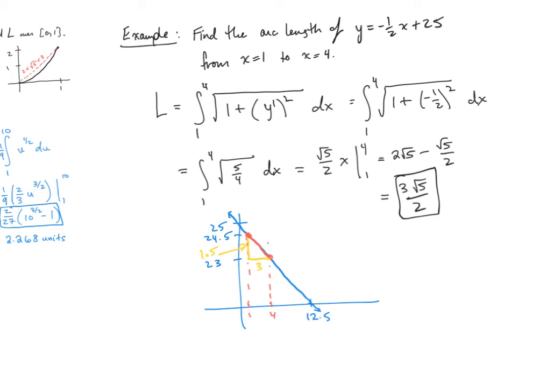Okay, so the length of what we want, this line segment, is by the Pythagorean theorem just the square root of 3 squared plus 1.5 squared. I really should call that 3/2. That would be easier to deal with.